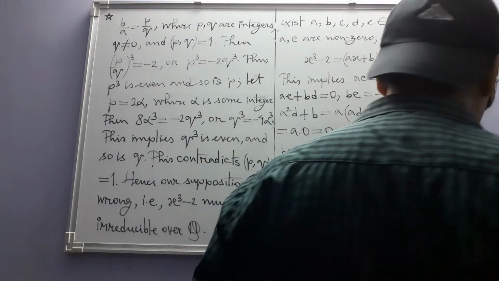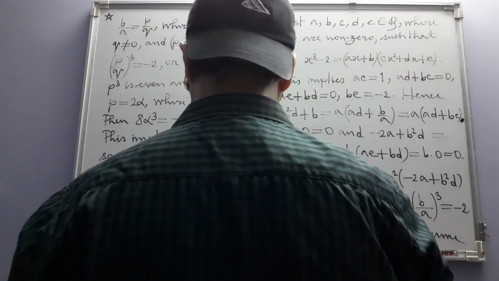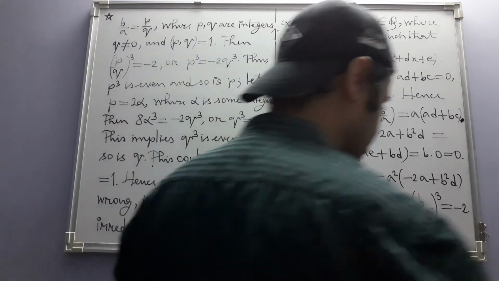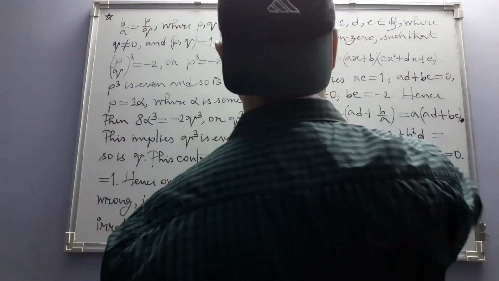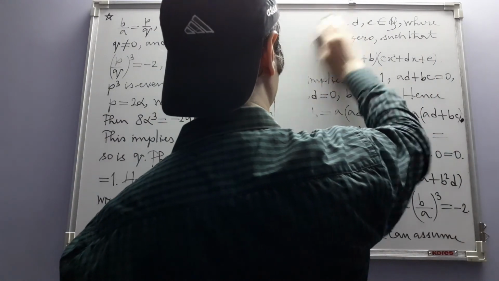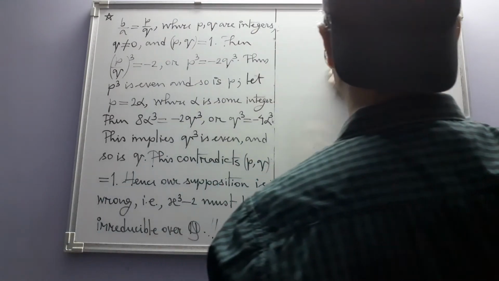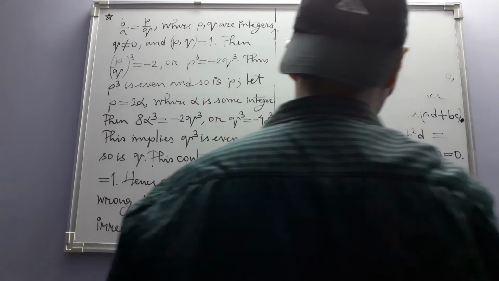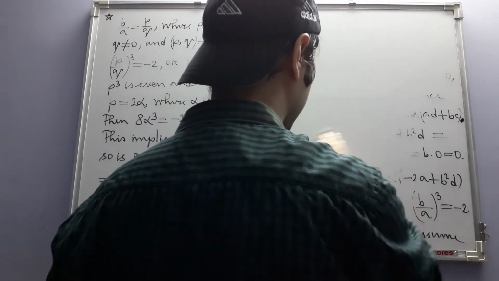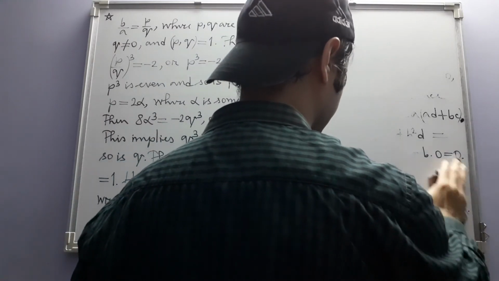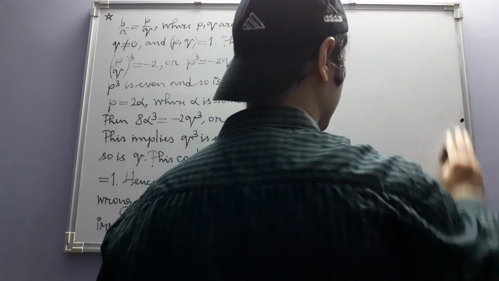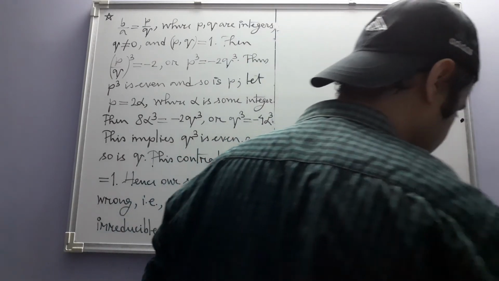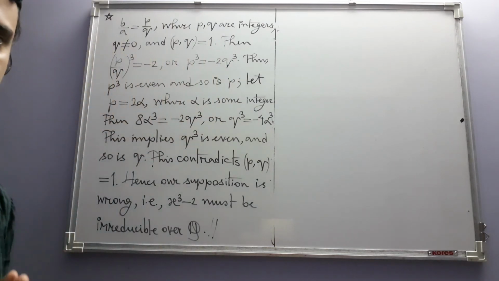So let us see the first exercise. So this one ends here. We already know that in a Euclidean ring, we can take any two elements, at least one of which is non-zero, and find their greatest common divisor.